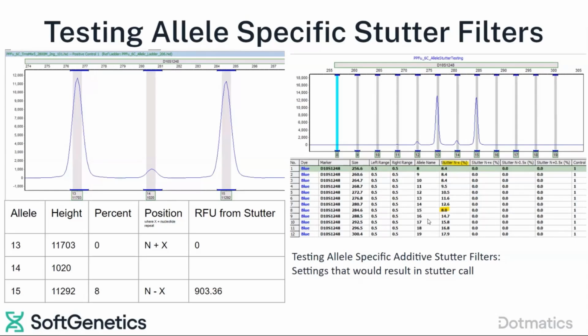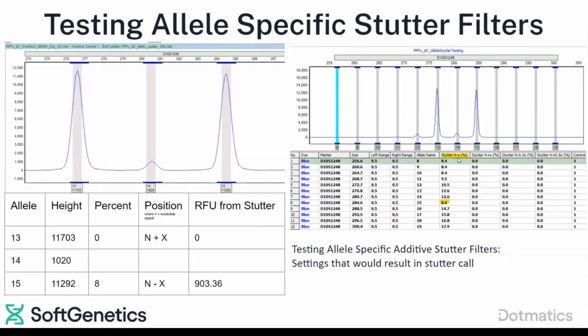And the setting then in the software is to look at the 15 allele. We're looking at the minus X stutter. We're setting it at 8%. 8% would be 903, which is just under the 10,020 RFU for this peak. And it's called because it's above the stutter setting.